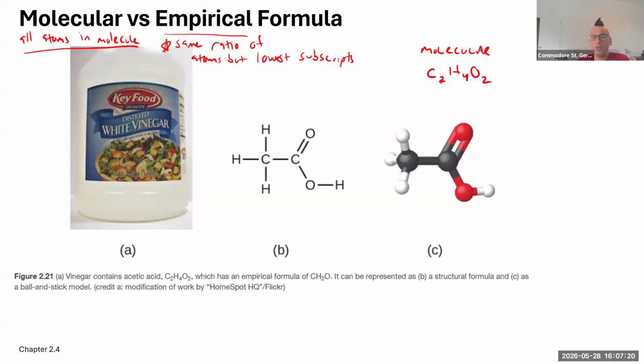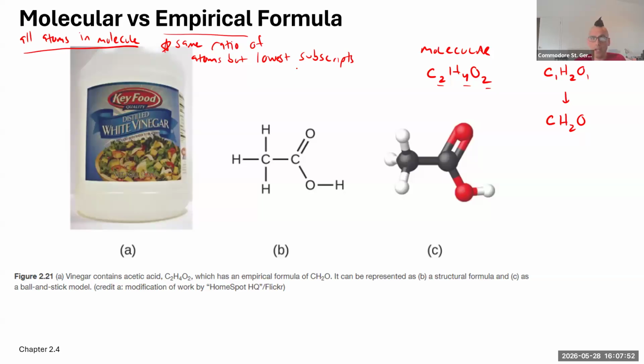So if we reduce these subscripts to the lowest numbers possible, that's going to be C1H2O1. And we would write it as CH2O. Now, if we were to assemble a molecule that's CH2O, that will not be vinegar, but it has the same ratio. So molecular formula and empirical formula are different.